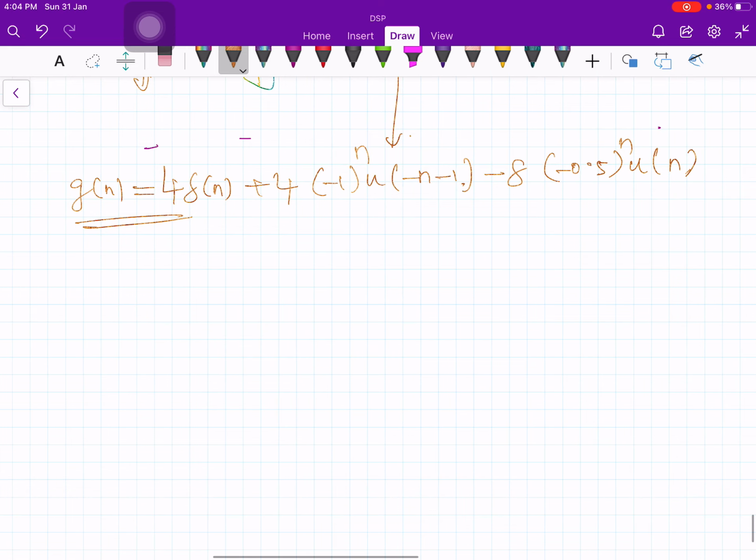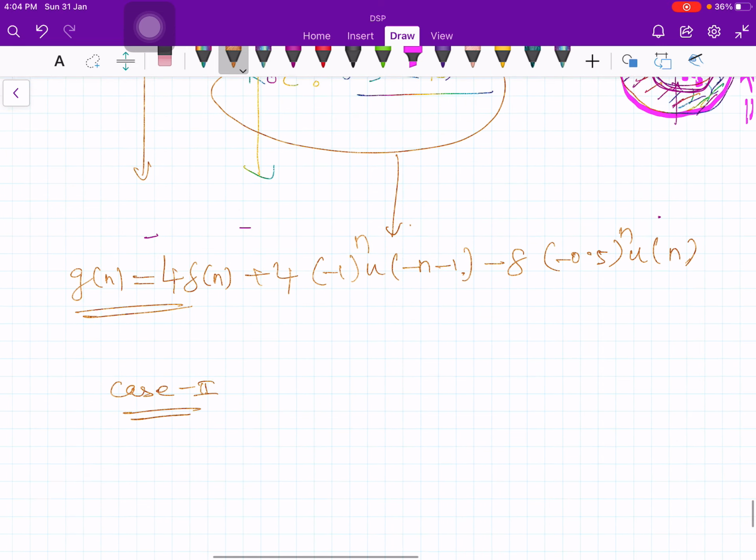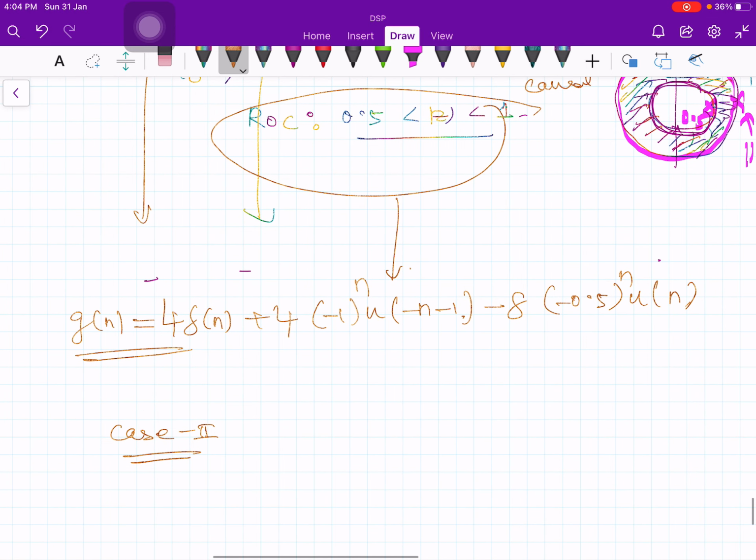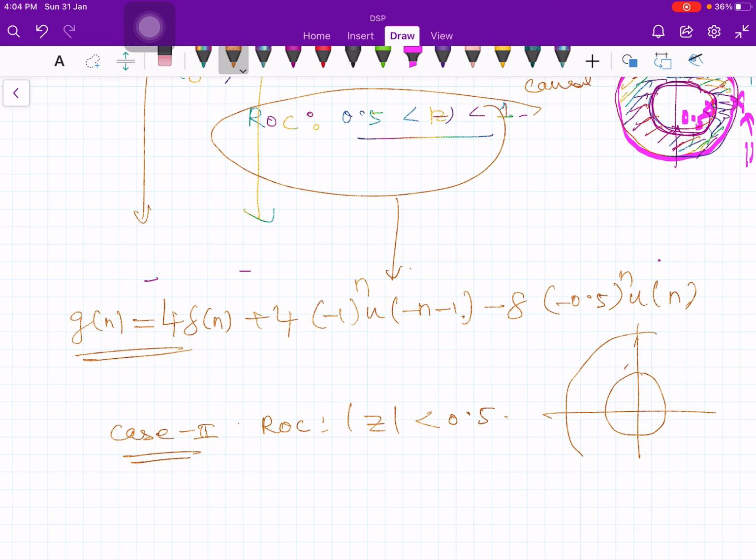Okay, now let me take case 2. If the ROC is something different from the previous one, let's say the ROC is mod of z less than 0.5. Now is this possible? This is the 0.5 circle and this is the 1 circle.